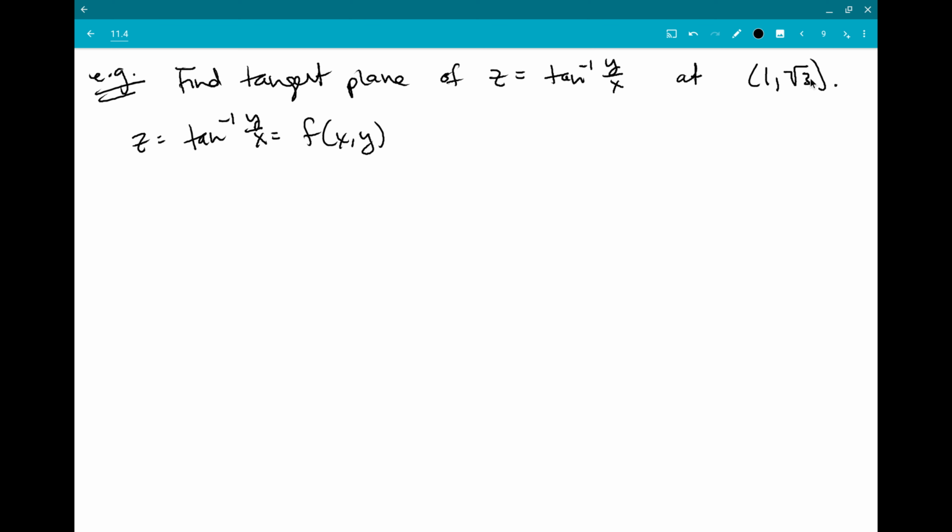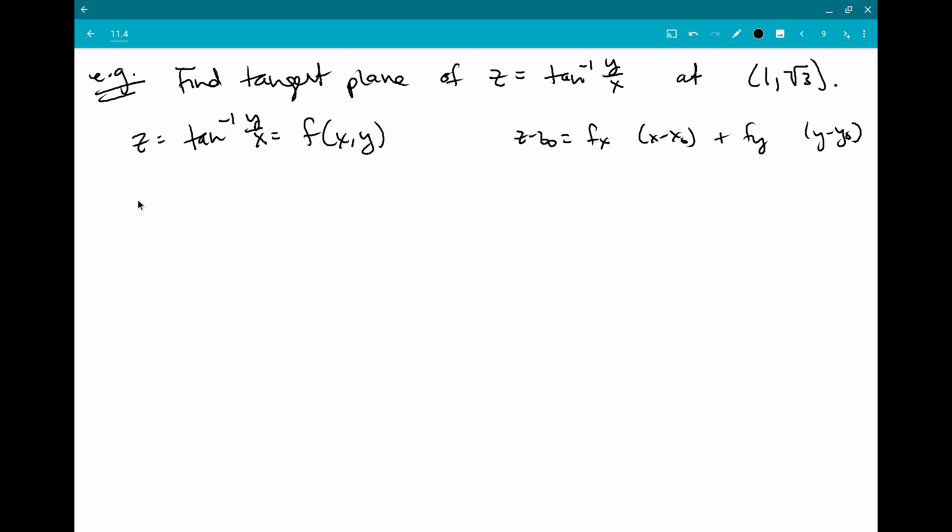And that's the point. And we know that our equation is z minus z0 equals f sub x times (x minus x0), plus f sub y times (y minus y0). I've suppressed that evaluated at x0, y0, z0 for both of these just to save some space.